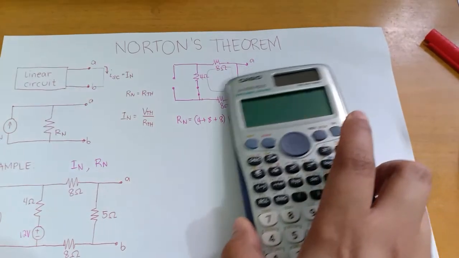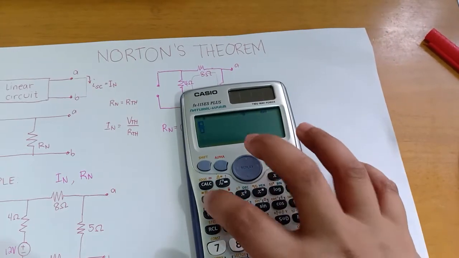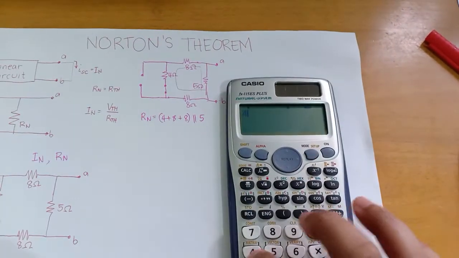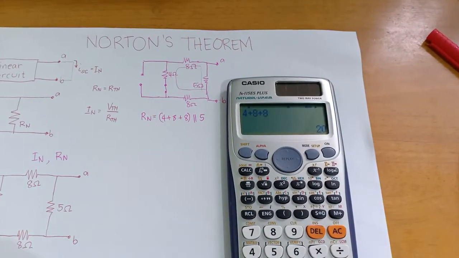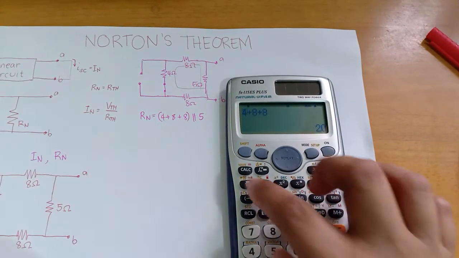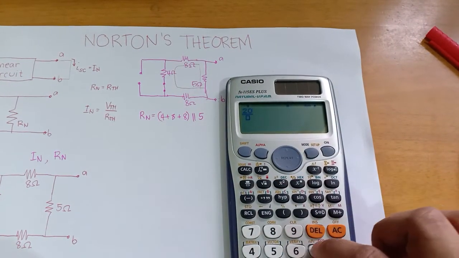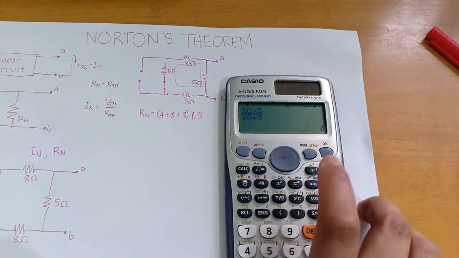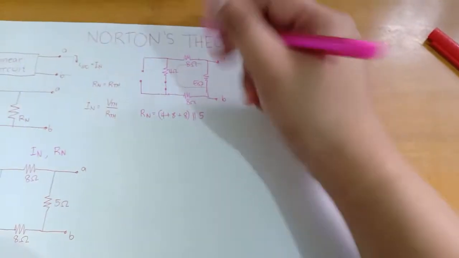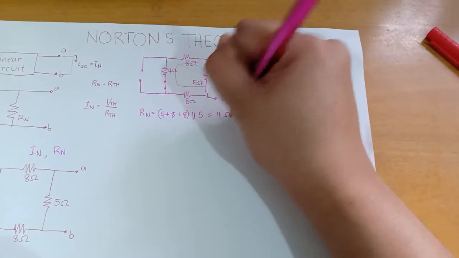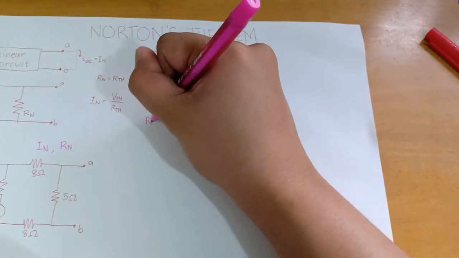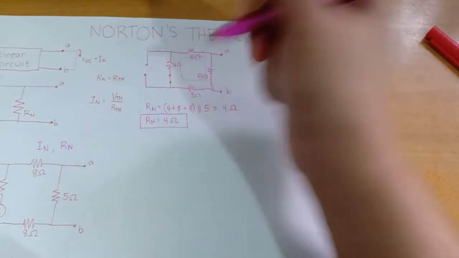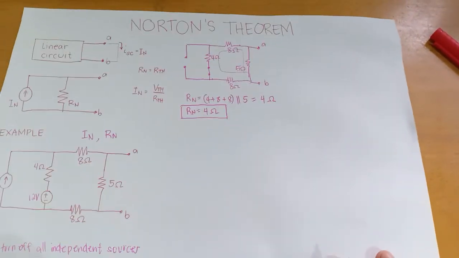So, i-translate na lang natin sa calcu. So, we have 4 plus 8 plus 8, ilan yan? 20. So, 20 times 5 over 20 plus 5. So, we have 4 ohms. So, Rn is equal to 4 ohms. Yan. So, nasolve na natin yung R sub n.